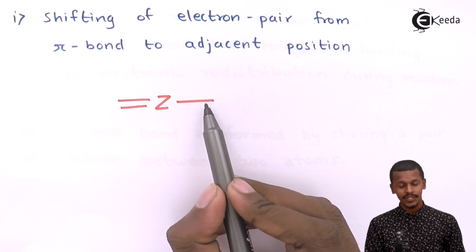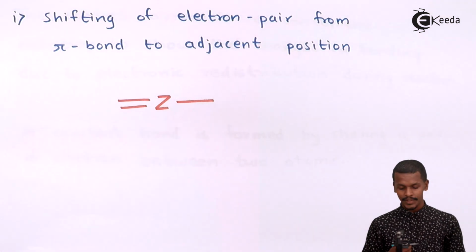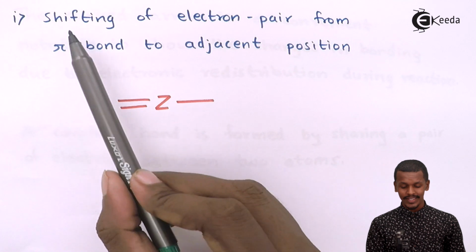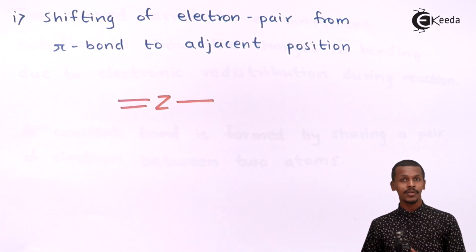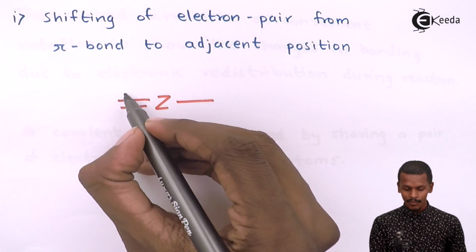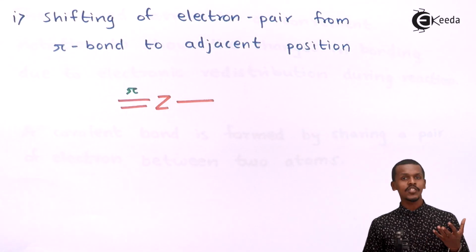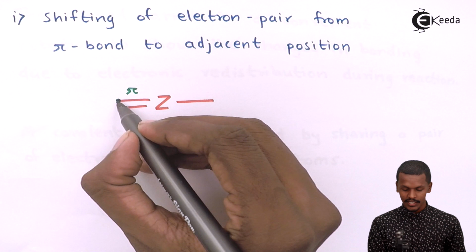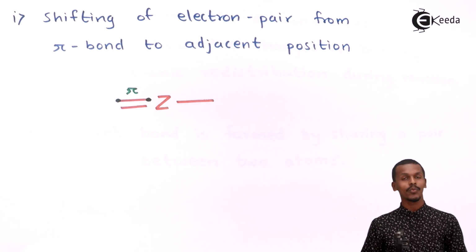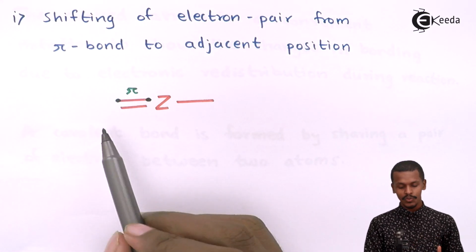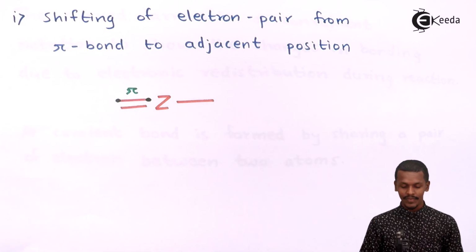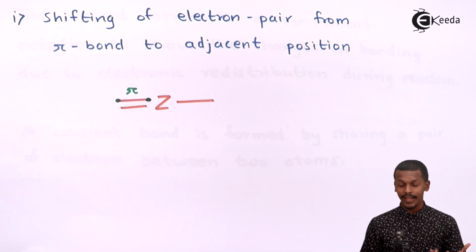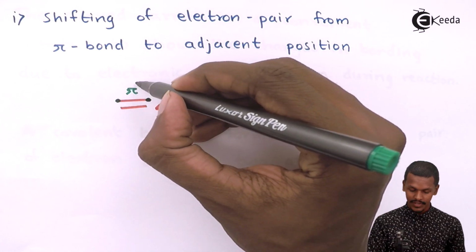And this bond, as you could see, is a sigma bond itself. As we are discussing a shifting of an electron pair from a pi bond to an adjacent position, this is the pi bond that we could see, and it is made up of two electrons. If it has to shift from one side to another, then we will use curved arrows. So the curved arrows are represented in this way.